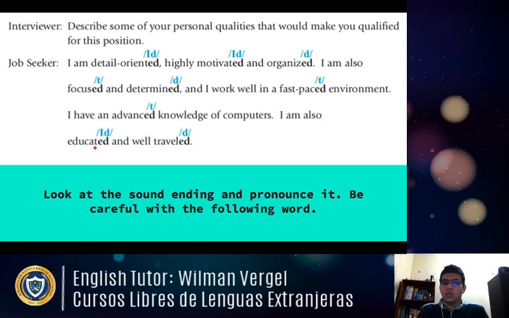So we say educated. And well traveled. Because in this case the last consonant sound is L, and the L is a voiced consonant, so it means that it vibrates in the vocal cords. So we say traveled. Okay, good.